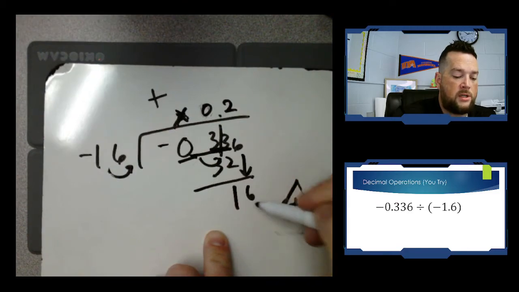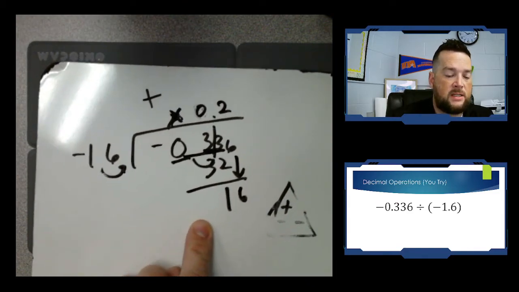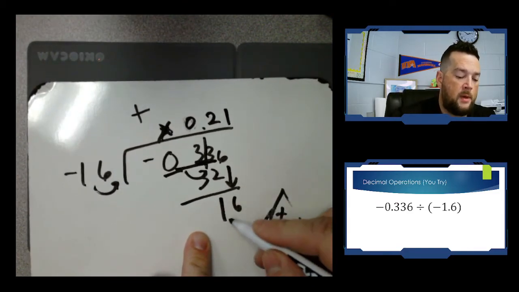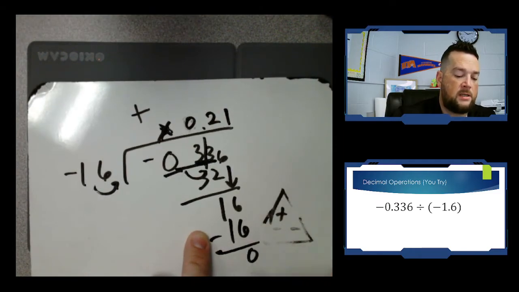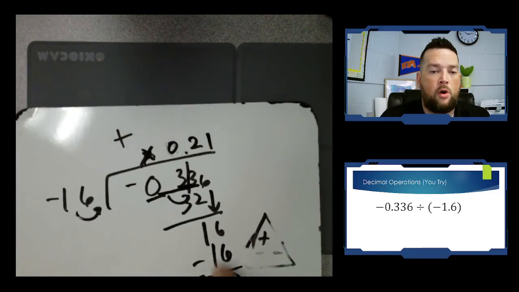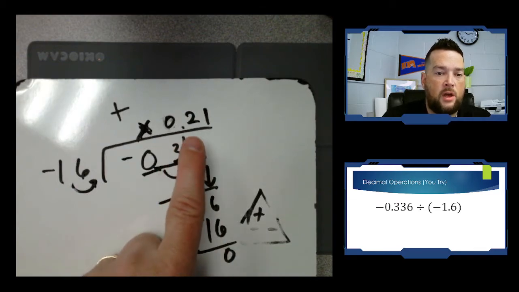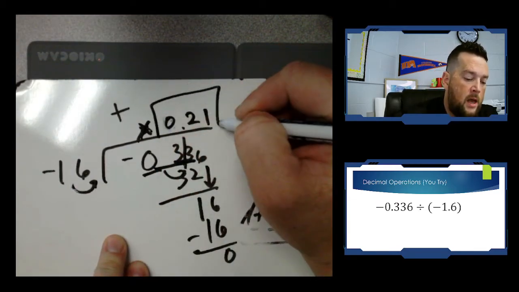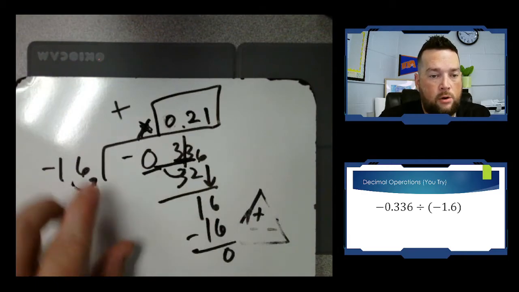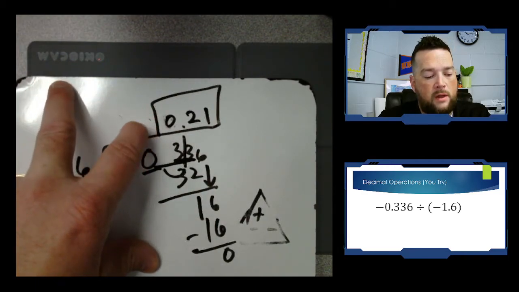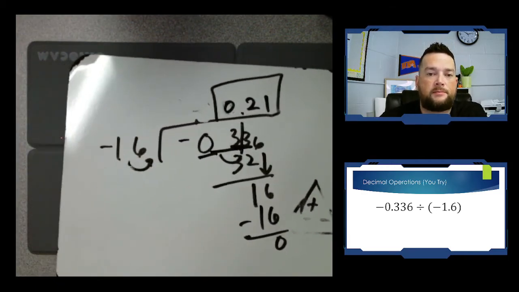We're going to bring down our 6 just like that. We have 16 into 16 goes 1 time, because 1 times 16 is 16, and 16 minus 16 is 0. So we have no more remainders. We have nothing else left. So we know our final answer is going to be a positive 0.21. I can erase all that other stuff right there. That's my answer. All right, good job.